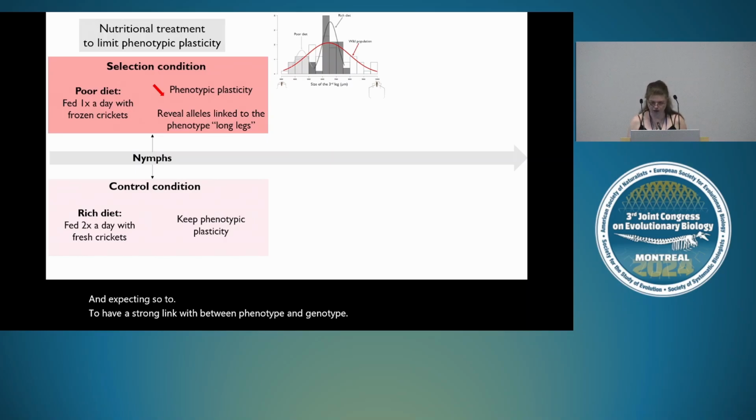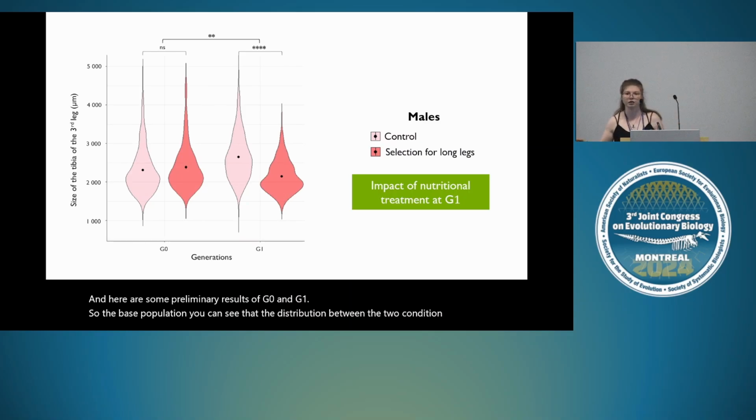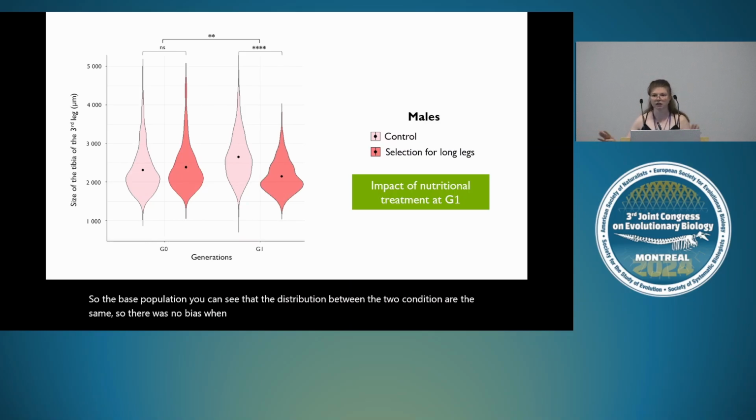Here are some preliminary results of G0 and G1. For the base population, you can see that the distributions of the two conditions are the same, so there was no bias when we created the two conditions. And you can see that G1 is different from G0 for both conditions, and it's due to the nutritional treatment.